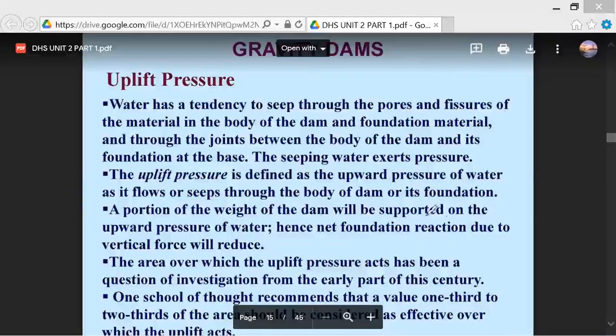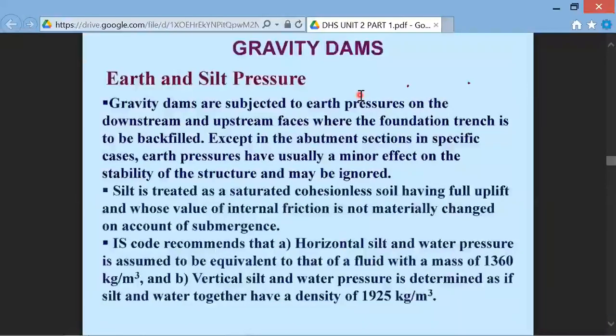This is a topic for research. One school of thought recommends that a value of 1/3 to 2/3 of the area should be considered effective over which the uplift pressure acts. So 1/3 to 2/3 area of the dam. Now there are certain other pressures also, that are the earth and silt pressure.